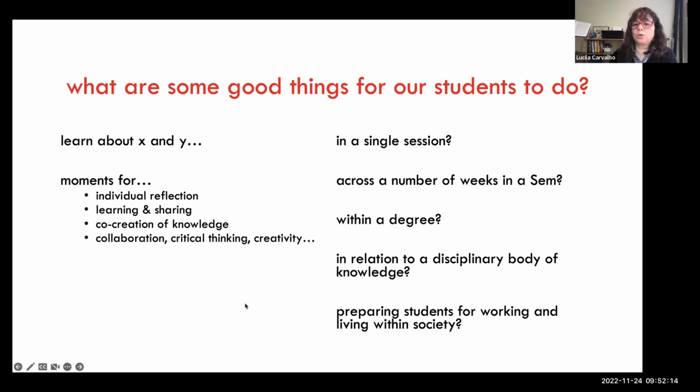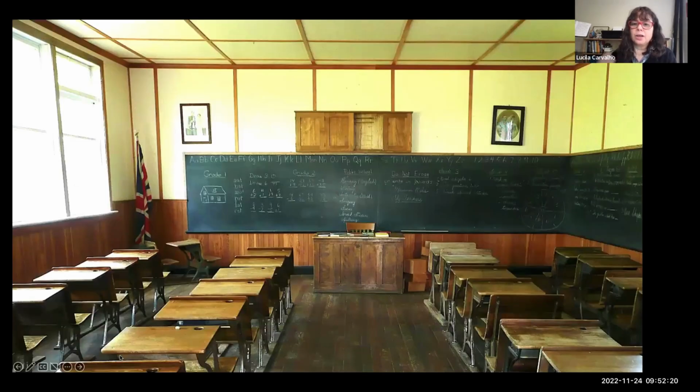But of course, the learning tasks that you're going to give to your students are not the only thing. If you are in a physical environment, you also have to be accounting for the materiality of the space that you are allocated to. So you might have a classroom that looks like that, pretty much like a classroom where I went to school, where the teacher is at the front and students are sitting in rows.